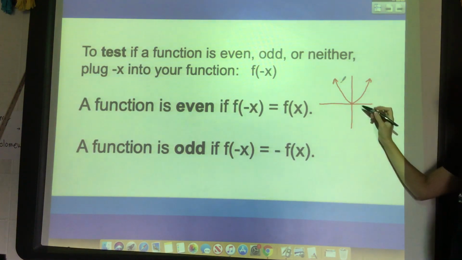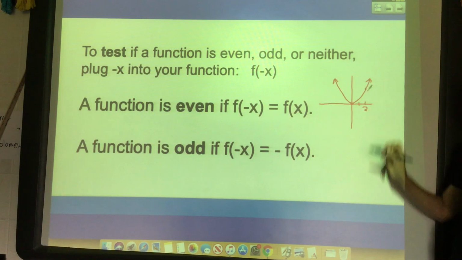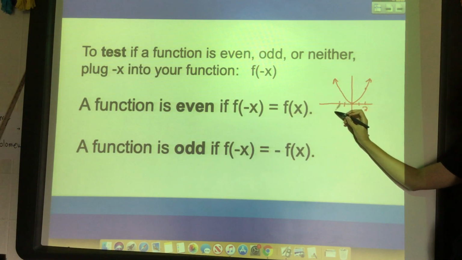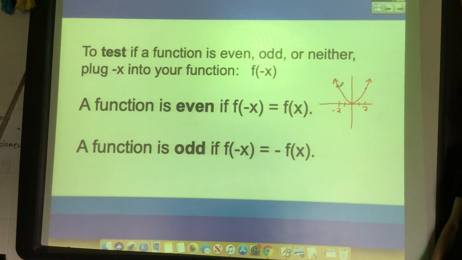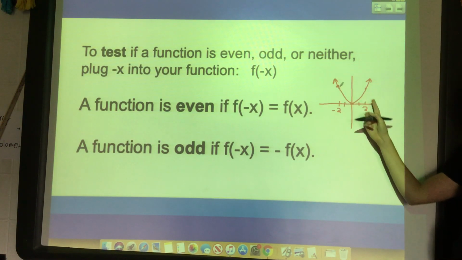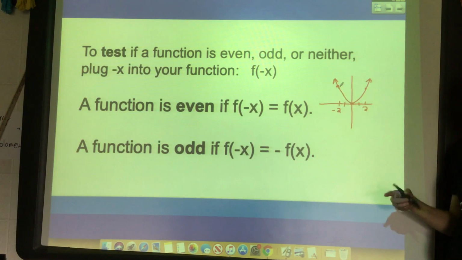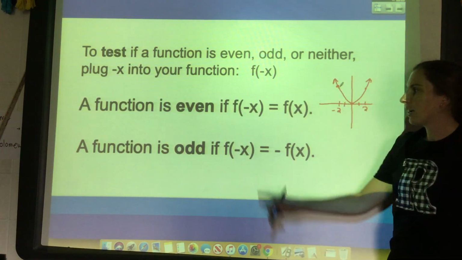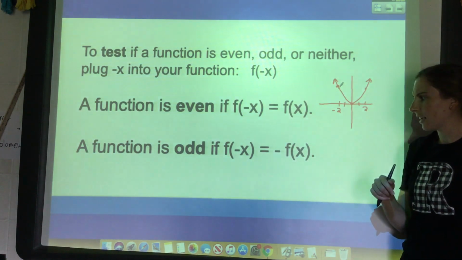Notice that if I plug in a value like 2, I get out 4. And if I plug in negative 2, I get out the same thing, positive 4. So whether I plug in a positive or a negative, I get out the same value because it's got this symmetry. That's why with even functions, if you plug in a negative x, you should just get out the same thing. And you'll see what I mean here in a second.